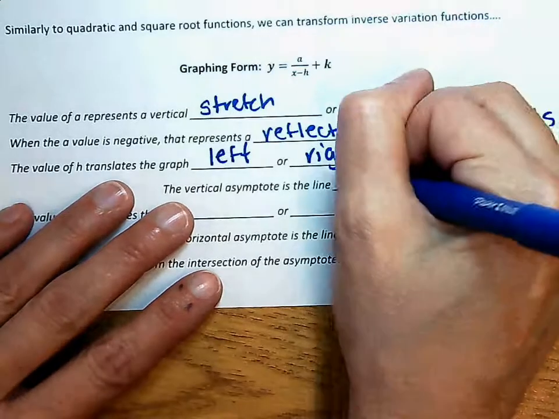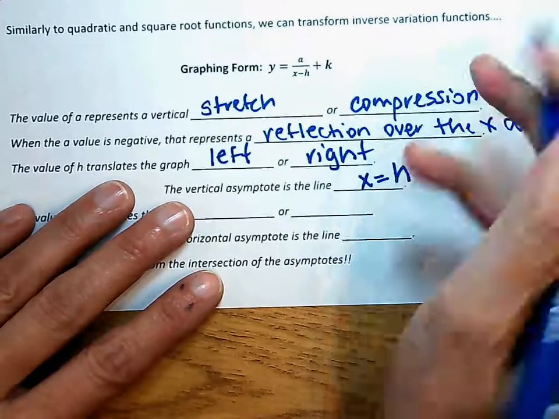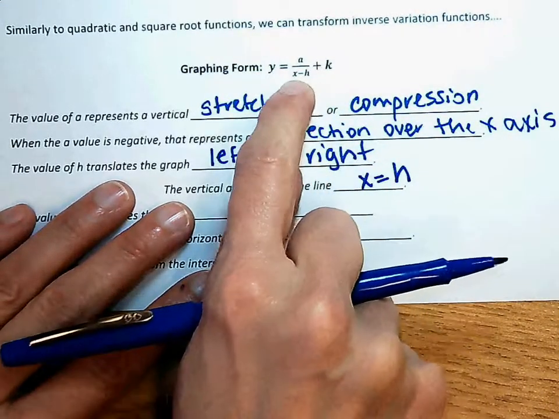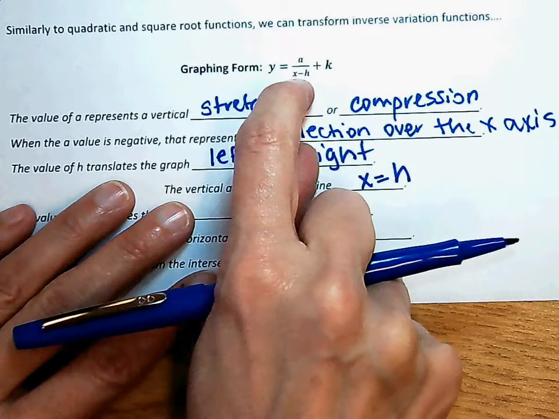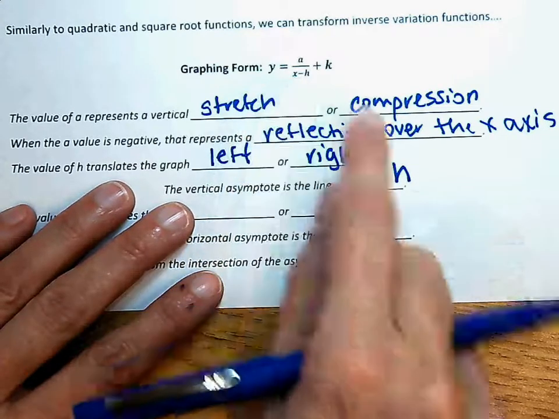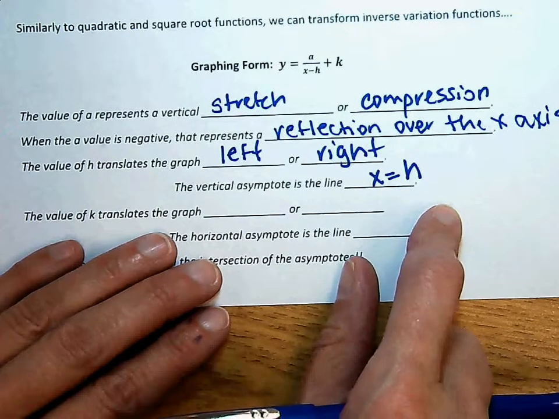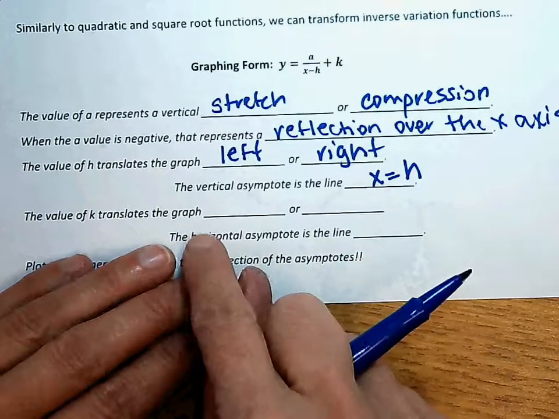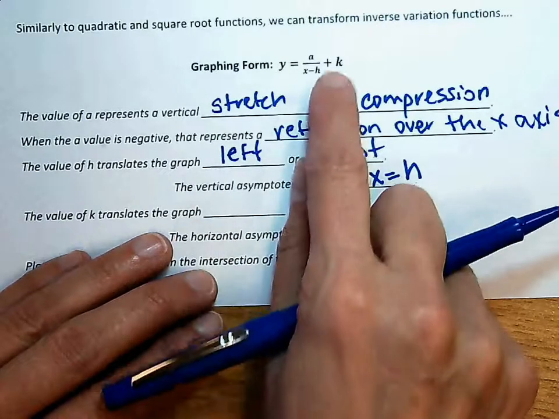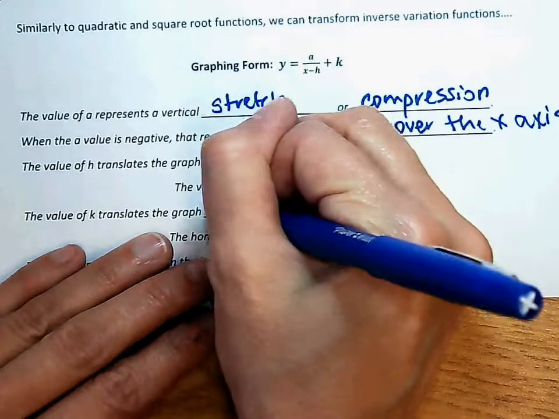So here, x equals h. Because remember, if x equals h, then that gives you the 0 on the bottom. So that tells you where that line is. You've done it, we're just putting it in letters and it looks a little harder. What about the k? What does the k do? Shifts it up or down.